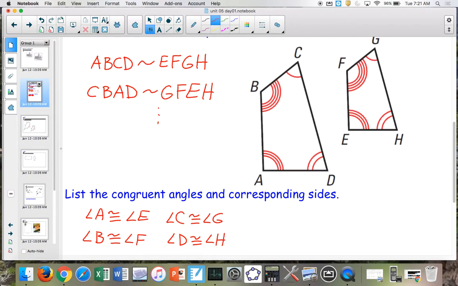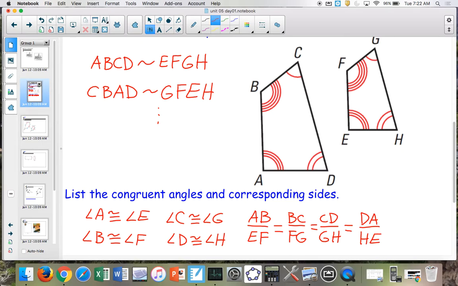Now we have to deal with the sides. The order that I wrote those doesn't really matter, each of the fractions.